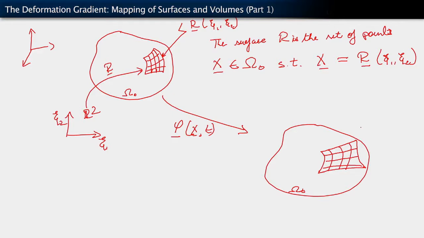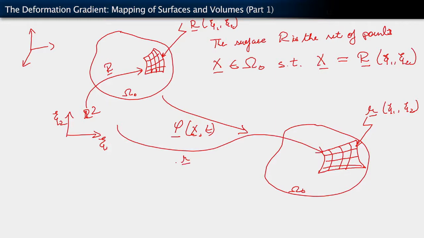Okay, and this surface now is what I will denote as little r, also parameterized by xc1 and xc2, because we know that there exists a map from here to there, right? That is the map R.